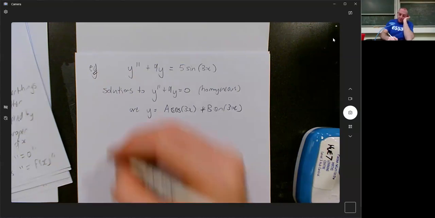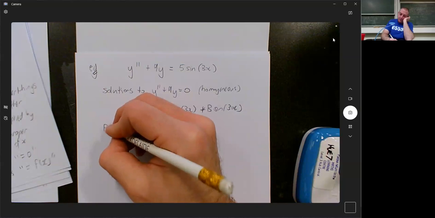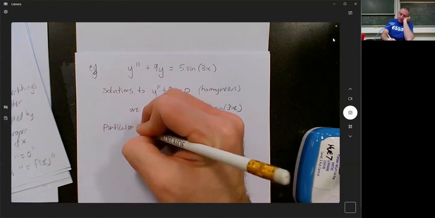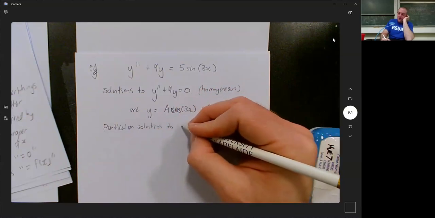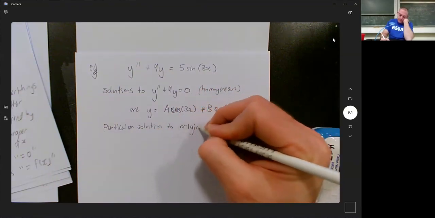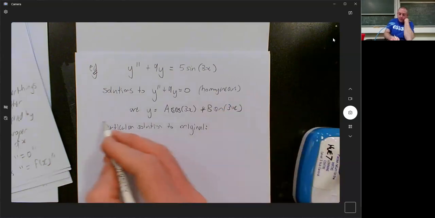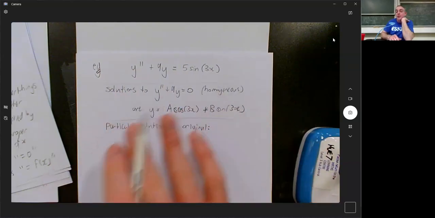So, the particular solution to the original. That was the solutions to the homogeneous, which we did earlier.